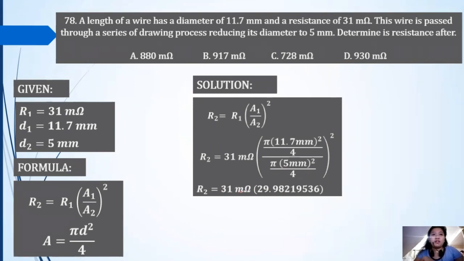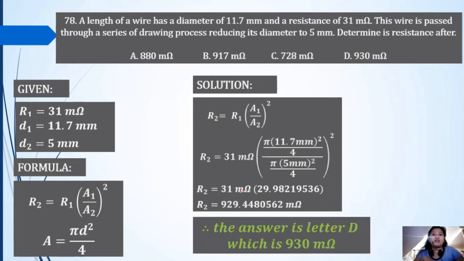So we have here the answer for the resistance number 2, which is 929.4480562 milliohms. So therefore, the answer is letter D, which is 930. This is the closest value to our answer. So this letter D is the answer for number 78.